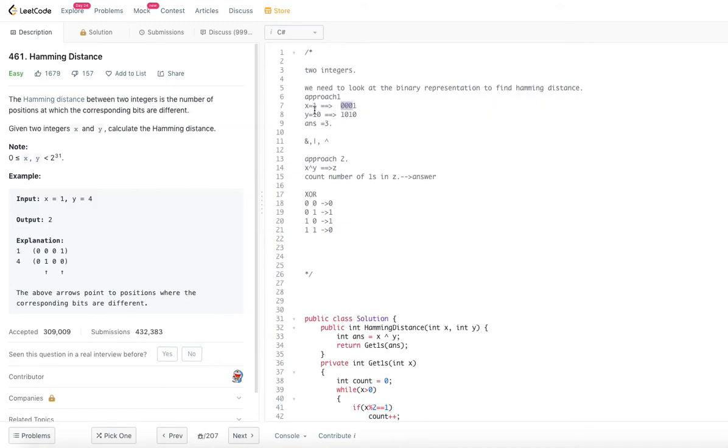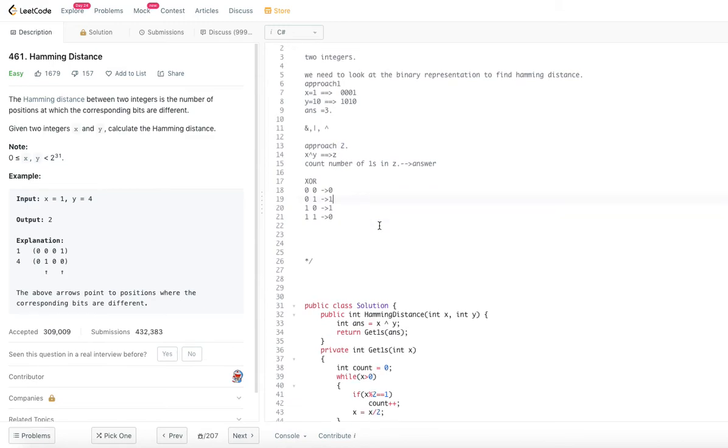For example, in this case 1 and 10, we have to prepend 3 zeros. But instead of doing all that work, if we just do X XOR Y and get a result Z and count the number of ones, in approach 2 that we have talked about, that will be a better approach over approach 1. So the code which we are going to look at is approach number 2.